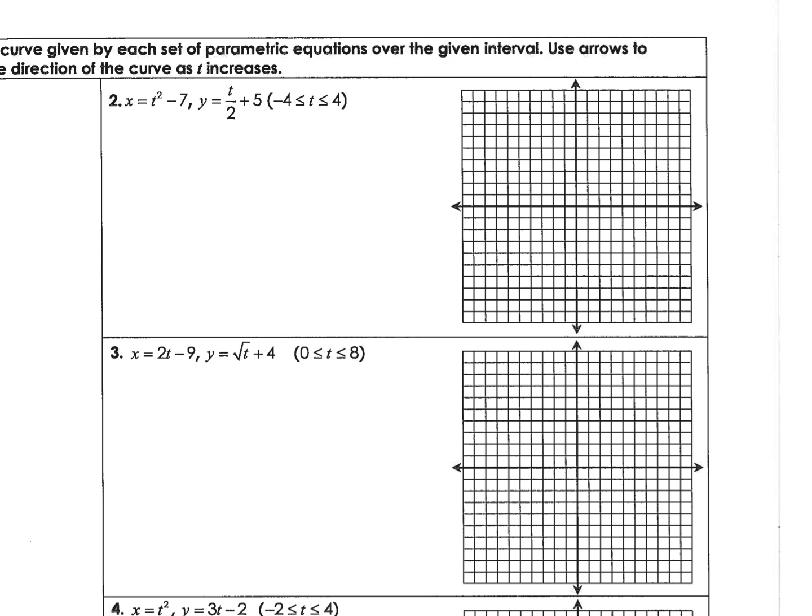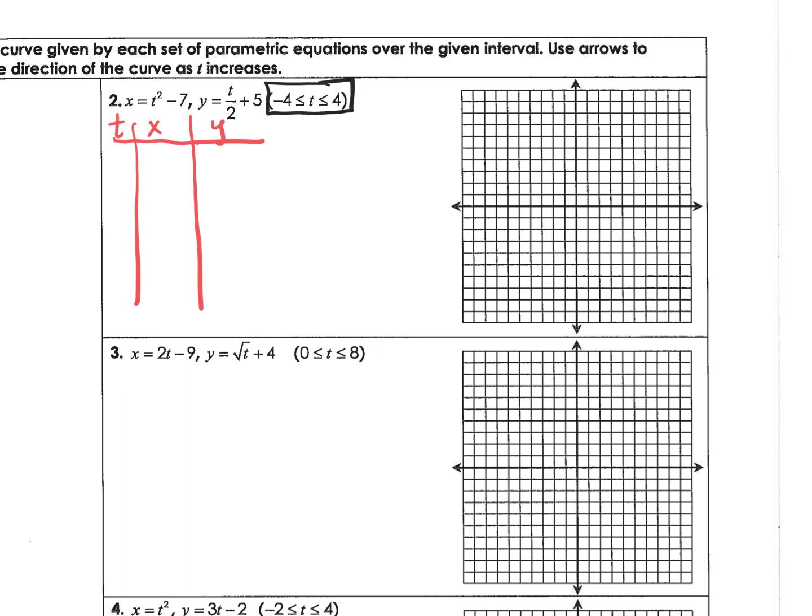So we're going to go back to our calculator, right? We got to set this up. We know our first column is T, the second one is X, and the third one is Y, isn't it? Now, where do my T's start and end? Look what they've given me right here.